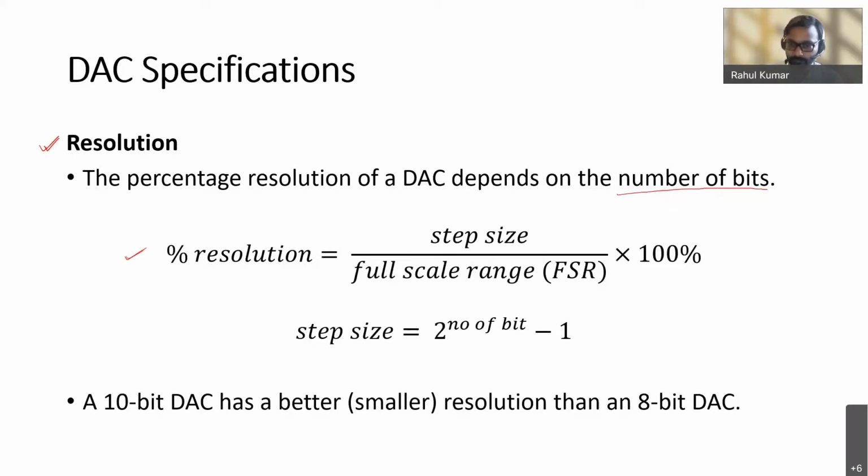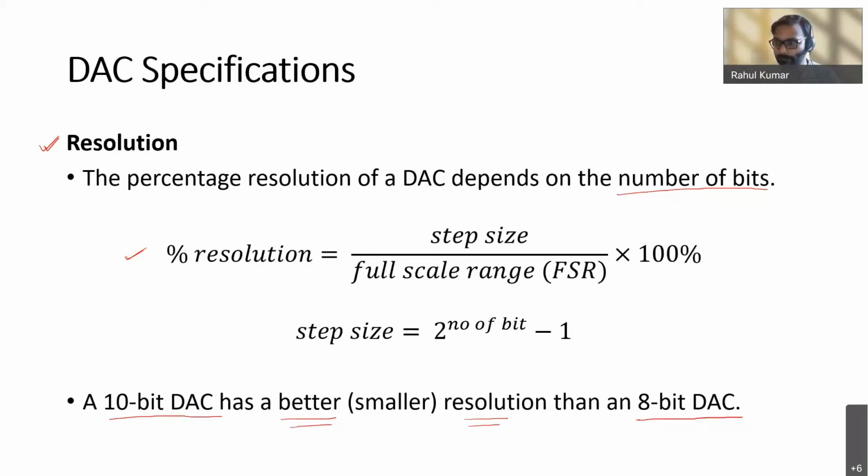Okay. So again, since it depends on the number of bits, if you have a larger number of bits, let's say a 10-bit DAC will have better resolution than an 8-bit DAC. So if you increase the number of bits, you can detect smaller signals, or your resolution will be much higher.